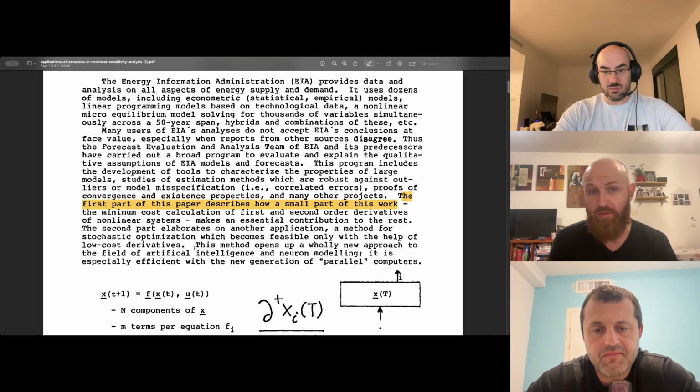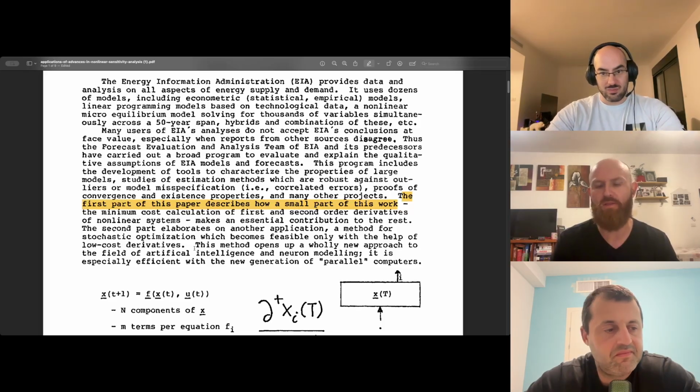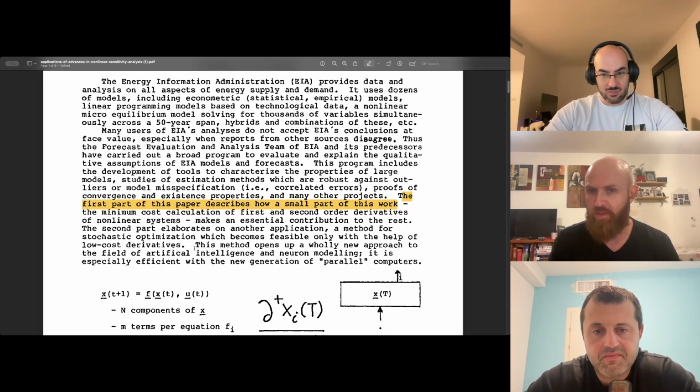I'll give a short spoiler to what he writes later. He cites Minsky, one of the fathers of AI, a paper we reviewed, Mike. And he also cites early work on neural networks.